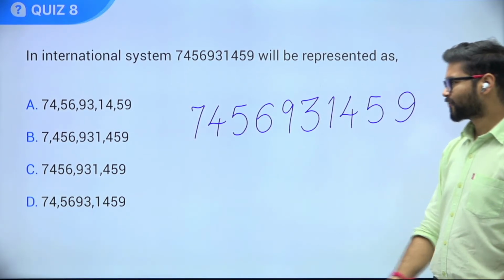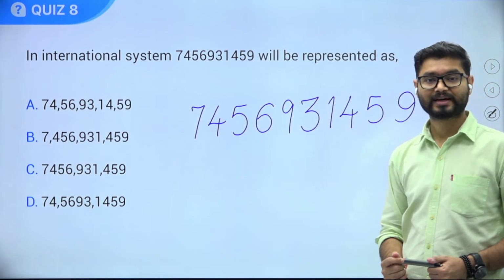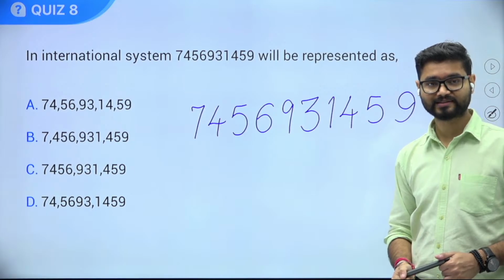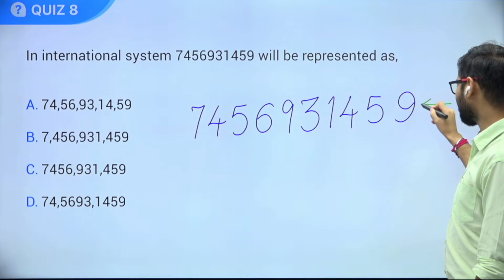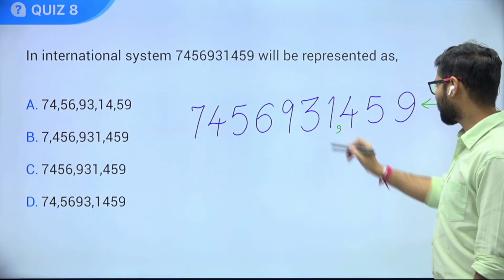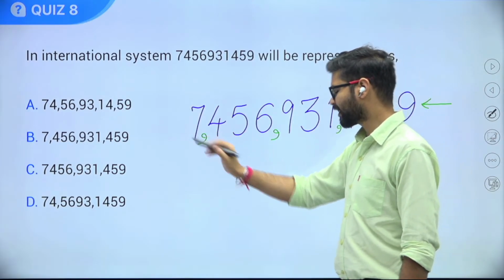Okay, so what is the right option? A, B, C or D? In the chat box, you can tell me the answer. Starting from the right hand side, put the comma after the third digit, and again after the third digit, and again after the third digit.